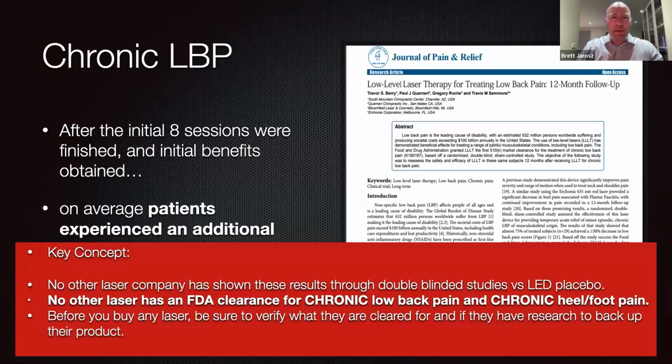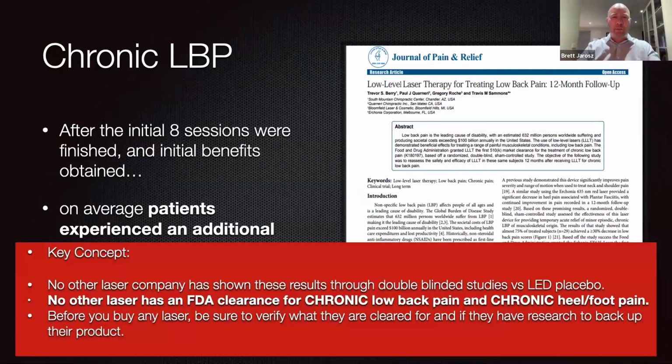And so I generally do have the throwaway line: if LEDs or high-powered laser was the way to go, they would have made one. And basically the evidence is all pointing towards low-level laser therapy being the way to go over high-powered, over LED.